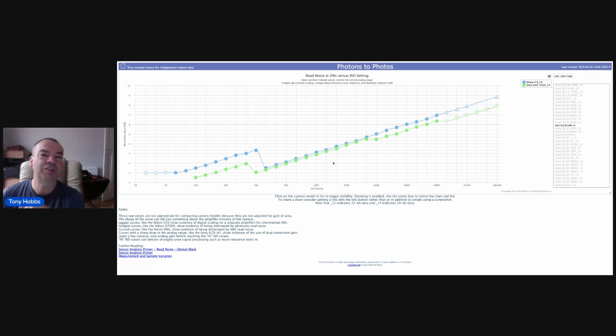I mean, that's interesting. I wonder how they work that out, because according to this, the Sony 6400, the noise is almost identical to the Z8, and yet when you look at the DxO Mark, it's completely different.